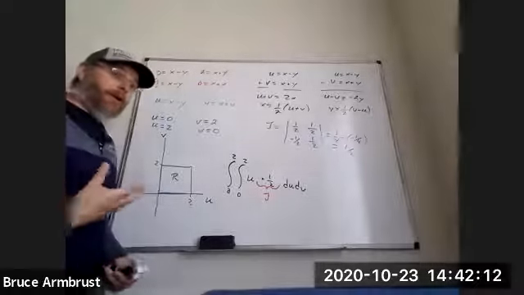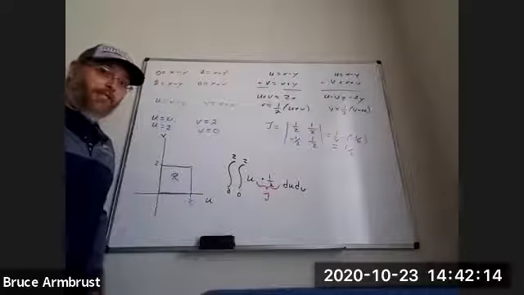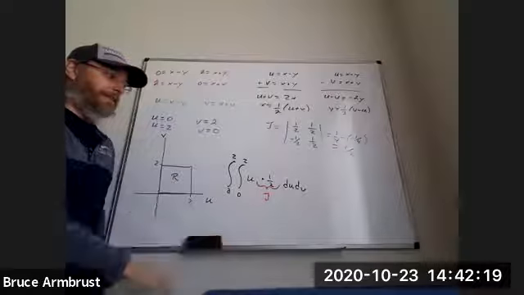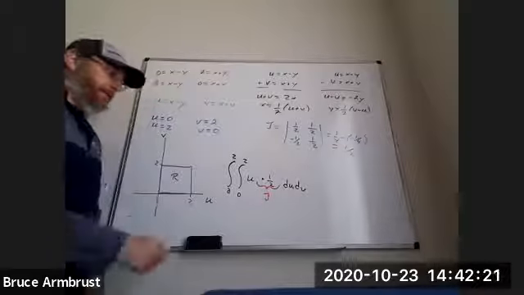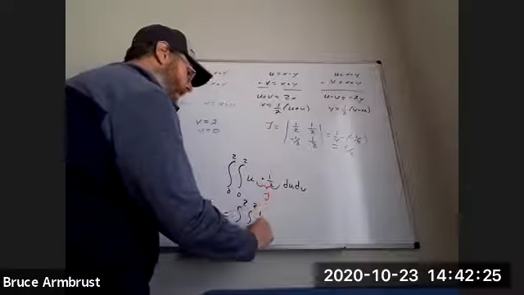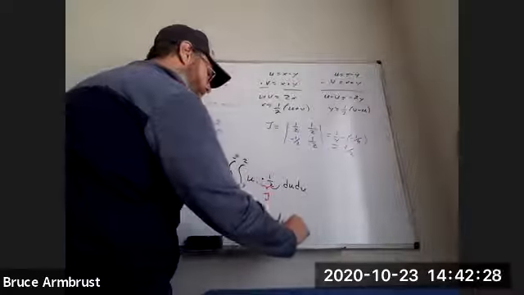Now, we had to do some work to do this transformation. But look at what we ended up with as an integral. 0 to 2, 0 to 2, 1/2 u du dv.